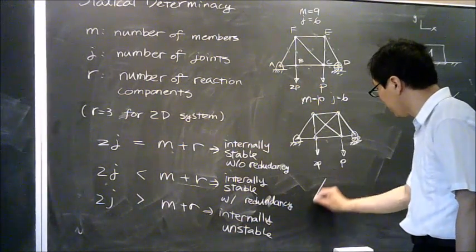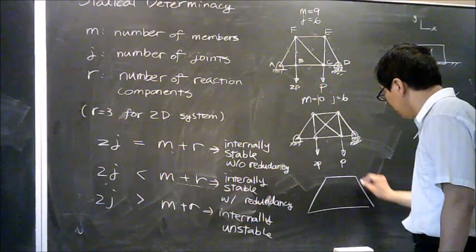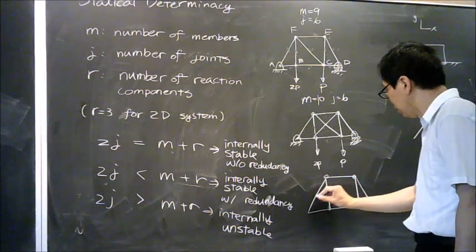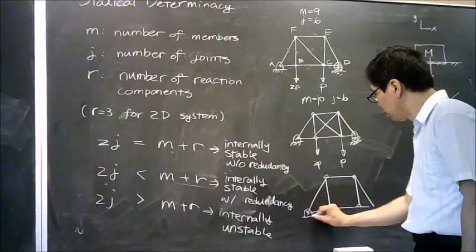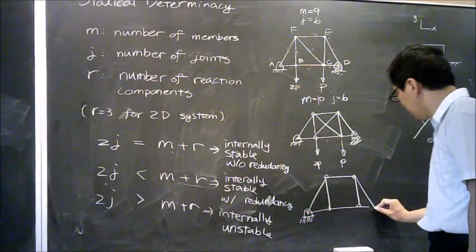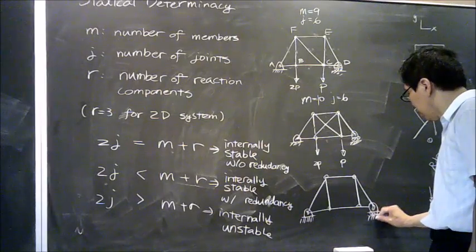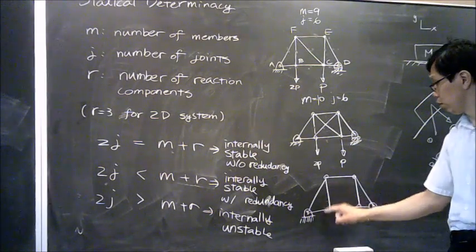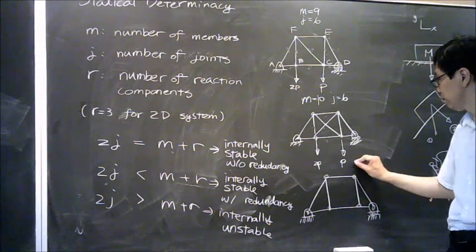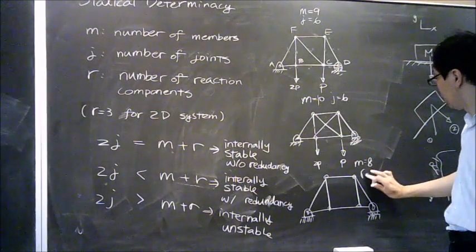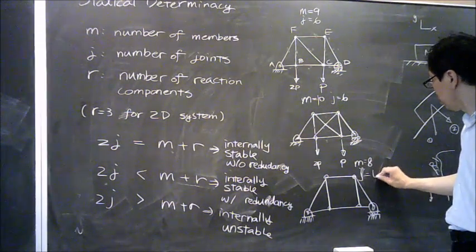If I have something like this, how many members do I have? 1, 2, 3, 4, 5, 6, 7, 8. j still equals 6.